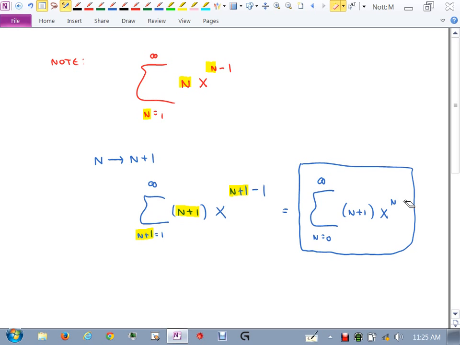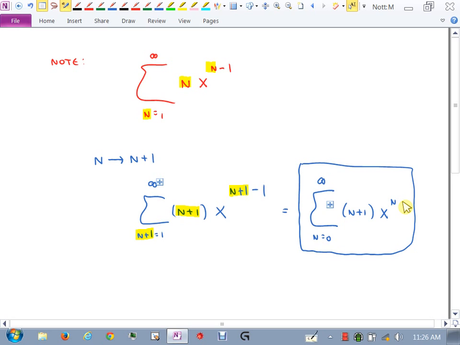I'm claiming that that'll give you the same exact series. And you can check it for yourself. Let n be 0, and what would you get? 1, x to the 0, which would be 1. Plug in 1 now, you get 2x to the first, which is what we had. Plug in 2 now, you get 3x squared, so on and so forth. Yes?